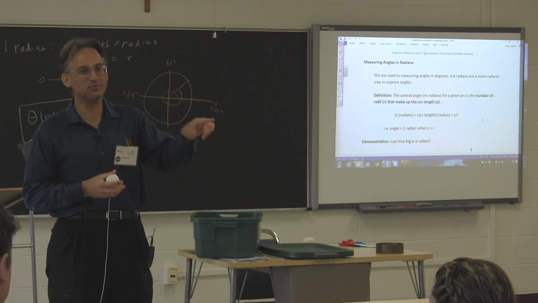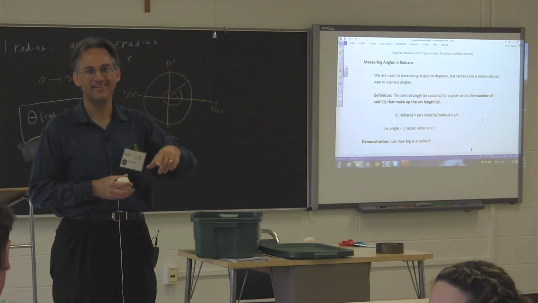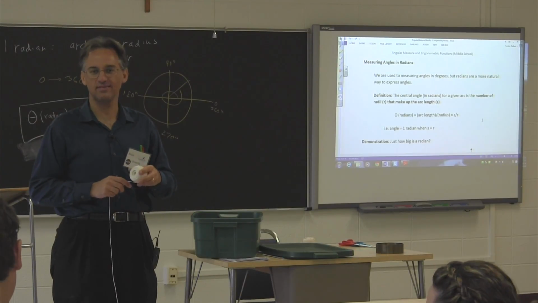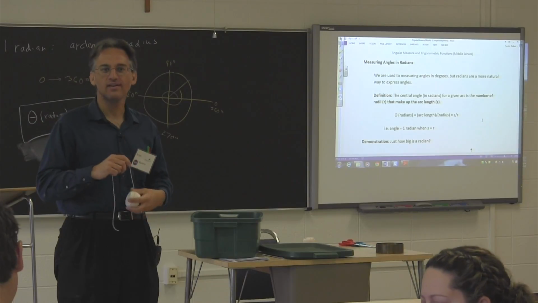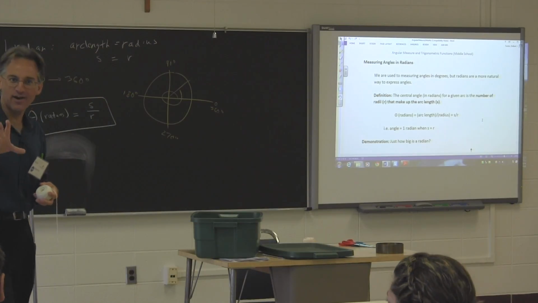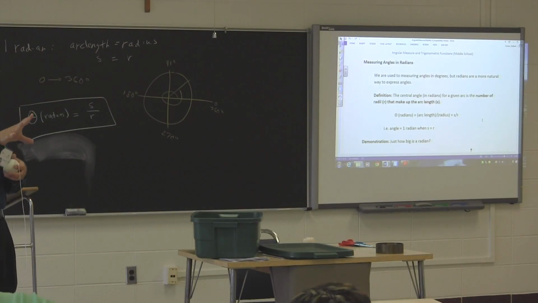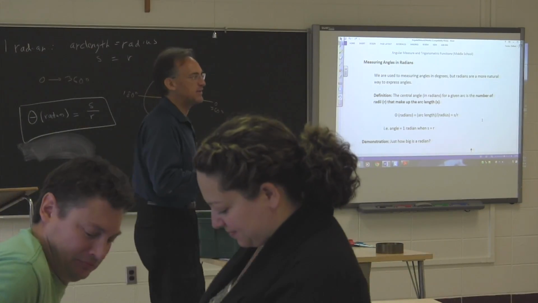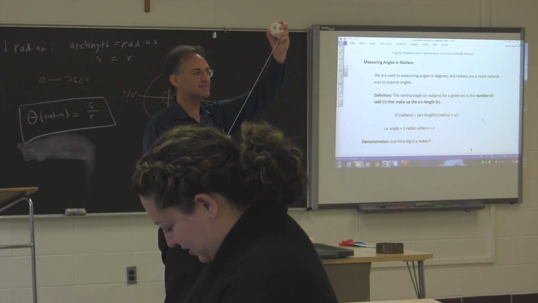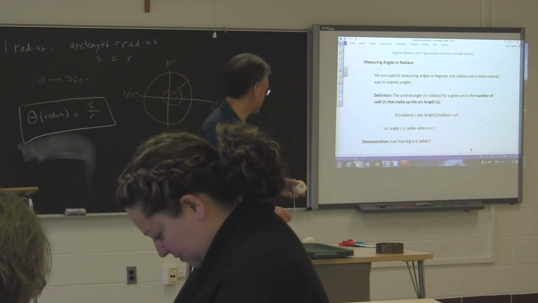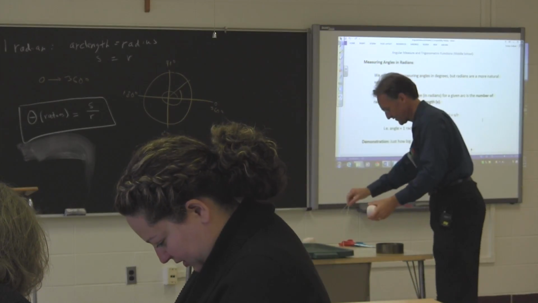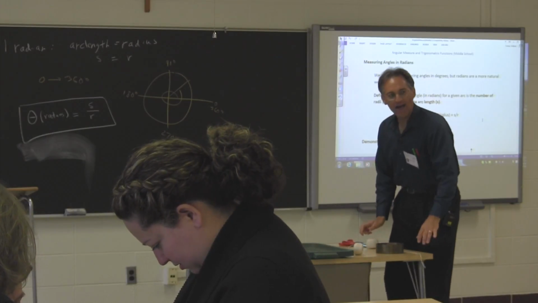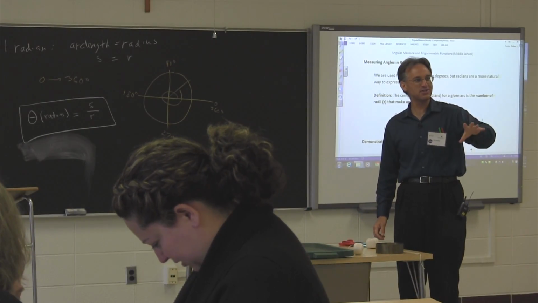So I think we have 2, 3, 4, and 5. Figure out how to demonstrate your number of radians on that circle. When you're ready, you may come up and cut the string to whatever length you want. We have the scissors and string up here. I will do 1 radian since no one chose that one.